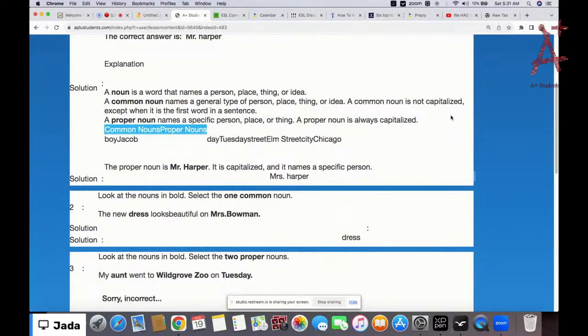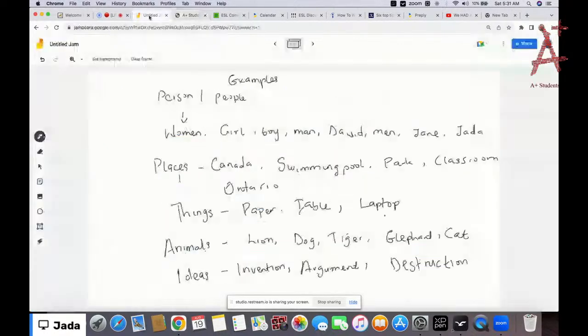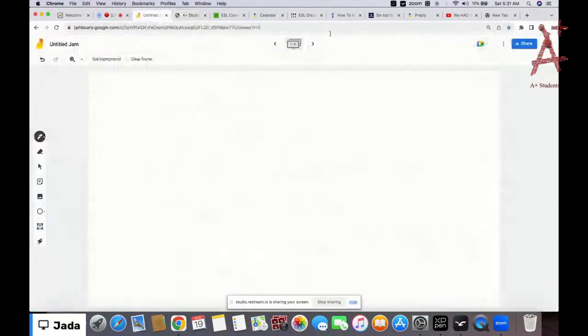So we have proper nouns, so let's go here. Examples for proper nouns, right?